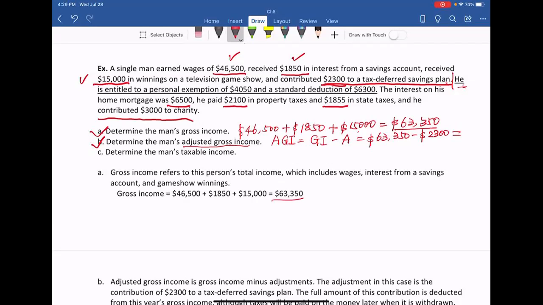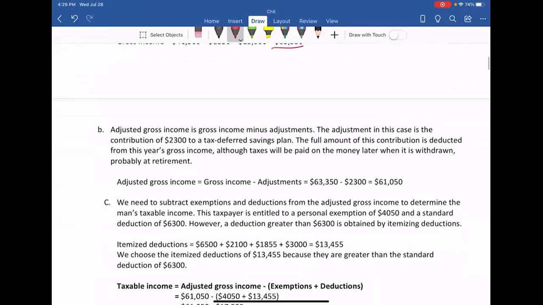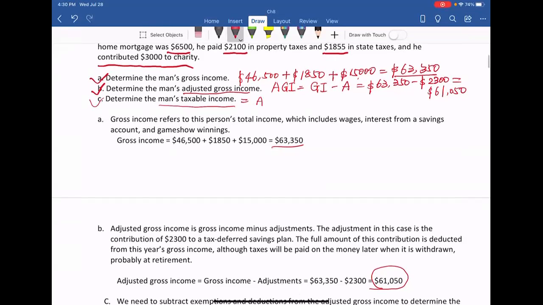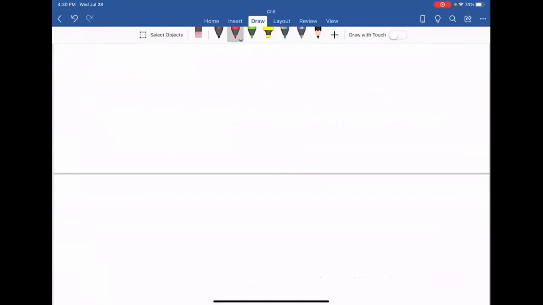Just copy the answer from the book. This amount of money, that's 61,050. And next question, determine the man's taxable income. The taxable income equals the adjusted gross income, AGI. Just to use AGI to represent adjusted gross income, sorry.